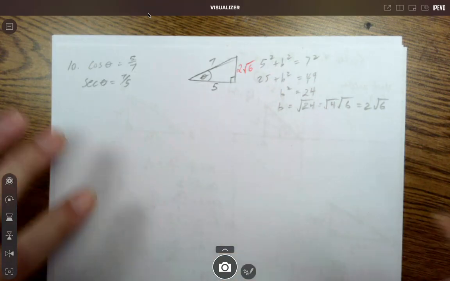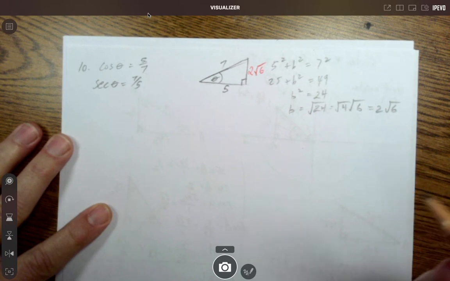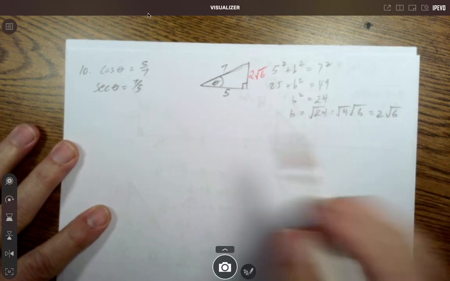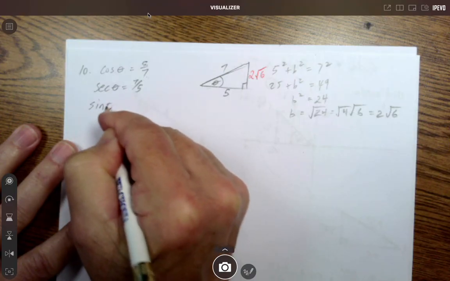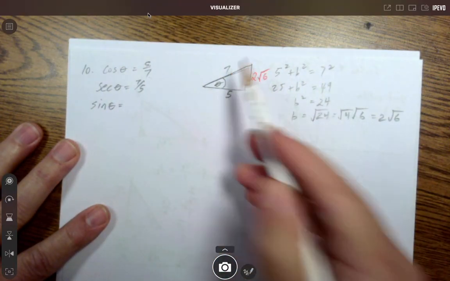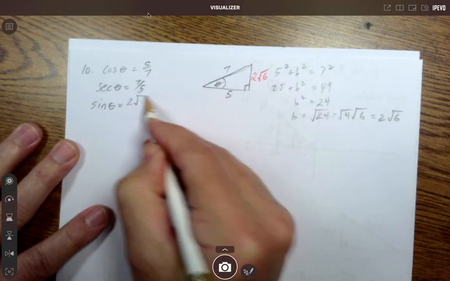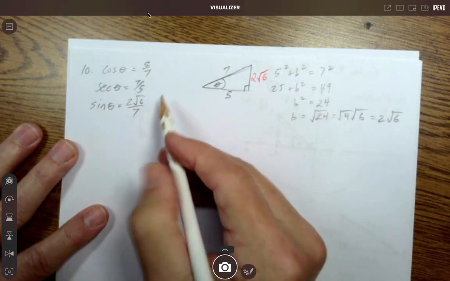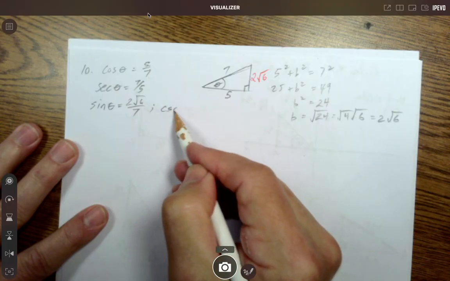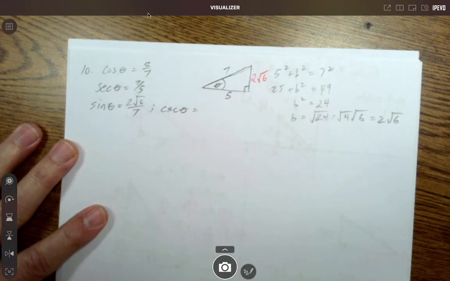All right. Once I have that, then it's just same as before. So I've got cosine, I've got secant. Now I need sine of theta, which is that over that. And I'll do cosecant of theta in a minute.